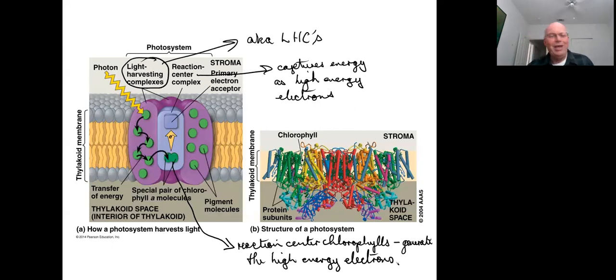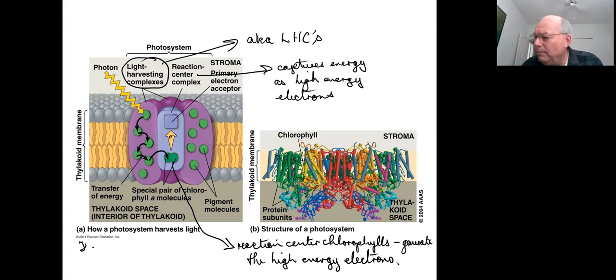Now, that poses us with a problem, because on one of the previous slides that I jumped over, it says that there are some 200 to 300 chlorophyll molecules, both chlorophyll A and B, in the light harvesting complexes. So if only the pair of reaction center chlorophyll molecules are the ones that are generating the high energy electrons, the question becomes, what are all the other chlorophyll molecules doing? And it turns out that they have a special purpose.